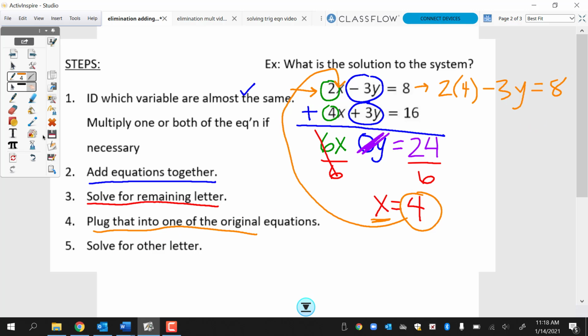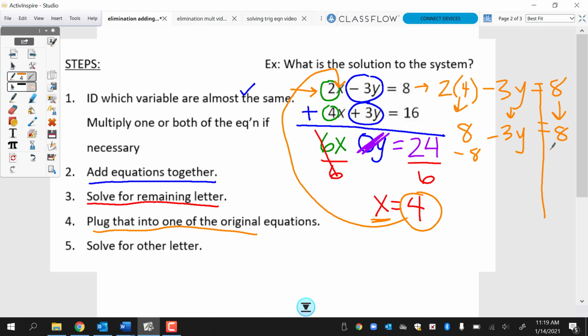And now I have to solve this equation that I just wrote. I got to solve it for y so I can get my other number. Well, how do I solve for y? Well, we're going to type this in. 2 times 4. Well, 2 times 4, when you type that in the calculator, that's 8. We're going to bring down that -3y. We're going to bring down this 8. Now I need to get y alone, so I'm going to move this 8 from this side to the other side.